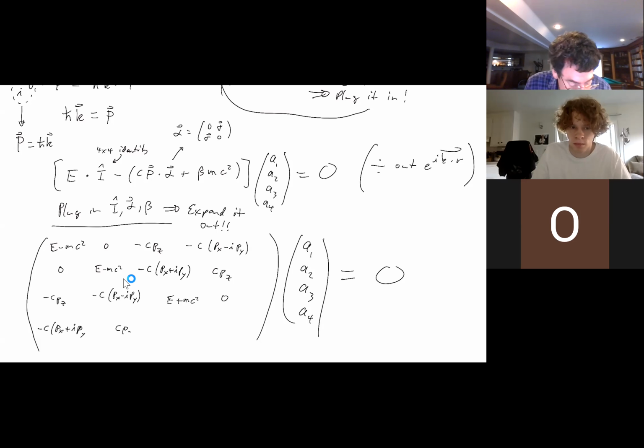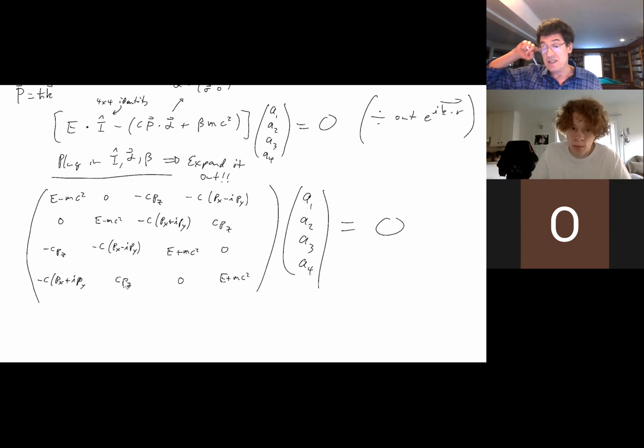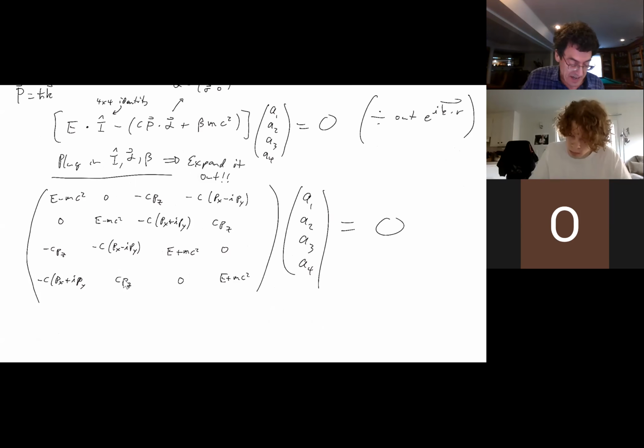Okay, so that's what you get. It's not hard to get that. So it's a 4x4 matrix times that A vector. And so what do you think we do now?